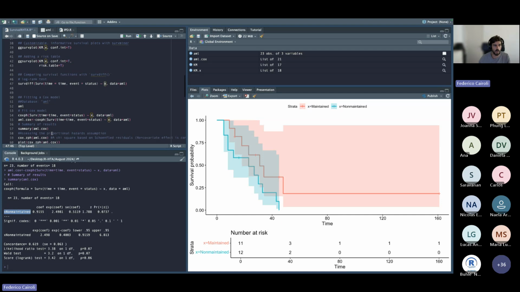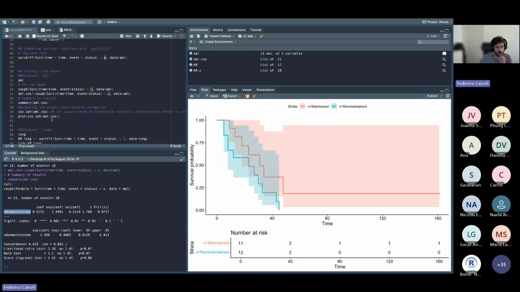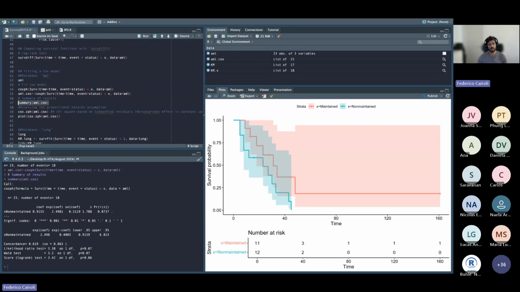So just before we go to the breakout session, I am going to show you one more thing. We stop here with the summary. One thing that we were discussing before is that to run this specific Cox model, we have to be sure that the assumption of proportional hazard is not violated.